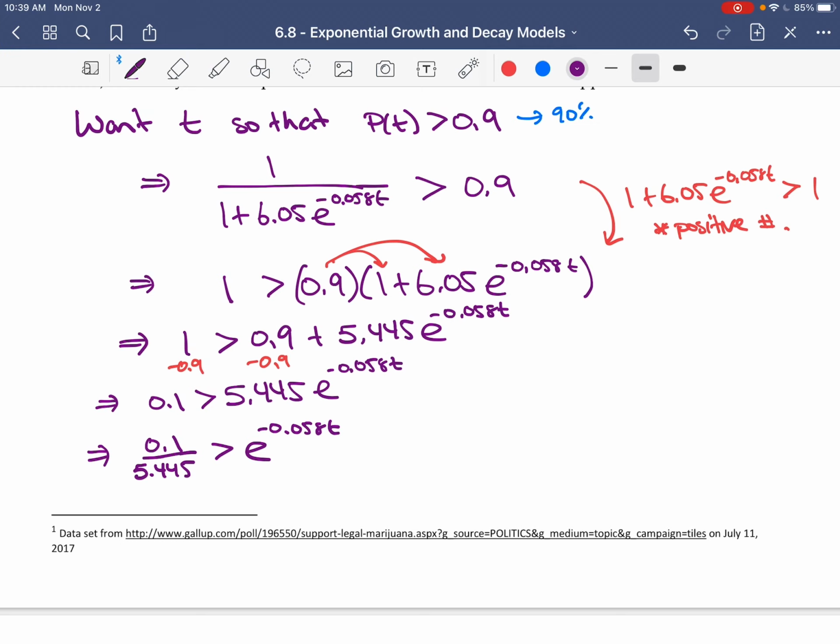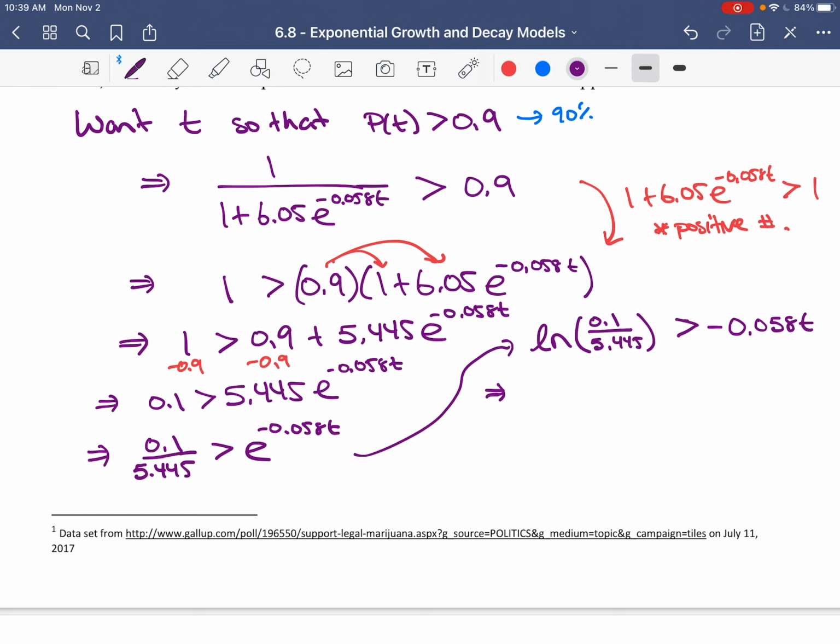Okay. So ln is an increasing function, so I can take the ln of both sides and it won't affect the inequality. I'm running out of space here. So that's going to be ln of 0.1 over 5.445 is bigger than ln of this side, which is just going to be negative 0.058t.